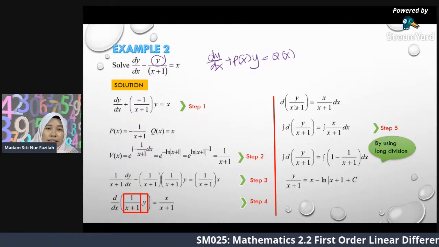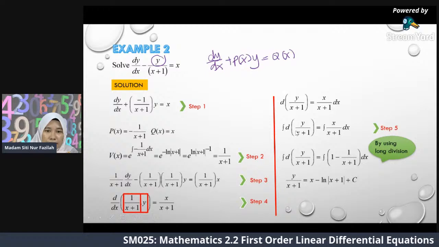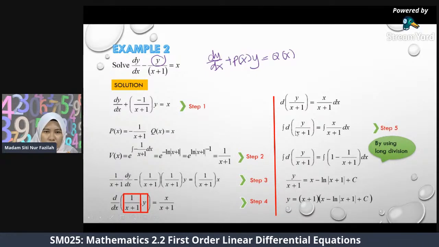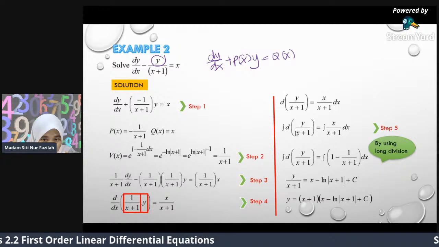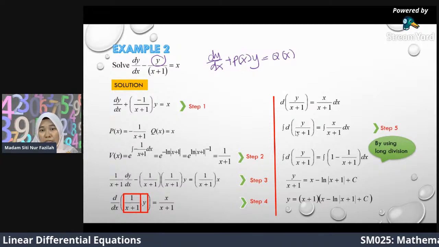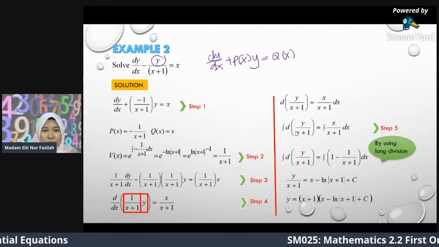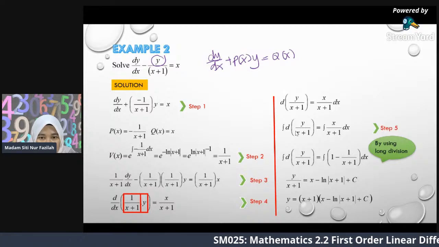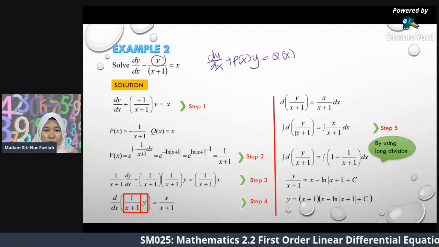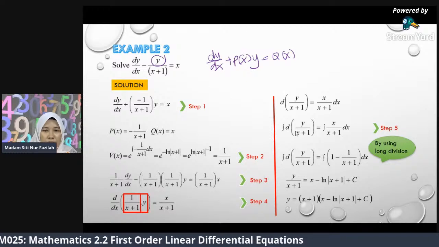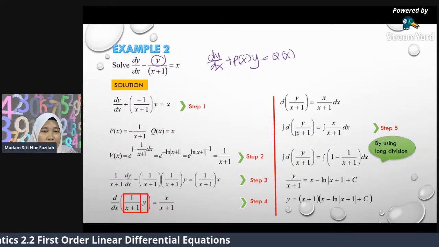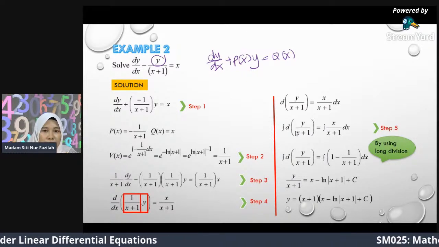This is a general solution. But before that, we need to express y in terms of x. It's simple. The general solution is y equal to x plus 1 multiplied by x minus ln absolute x plus 1 plus c.